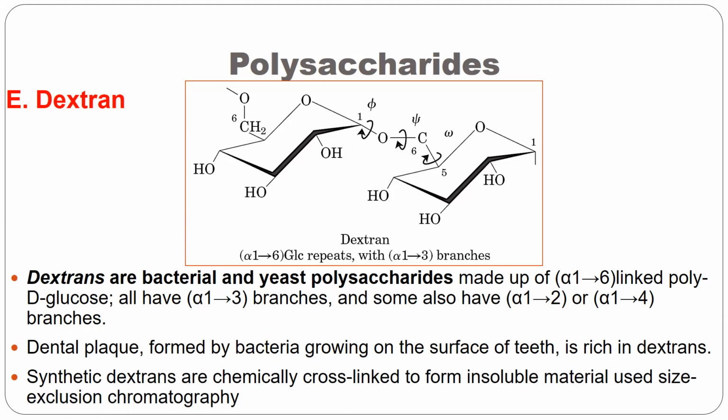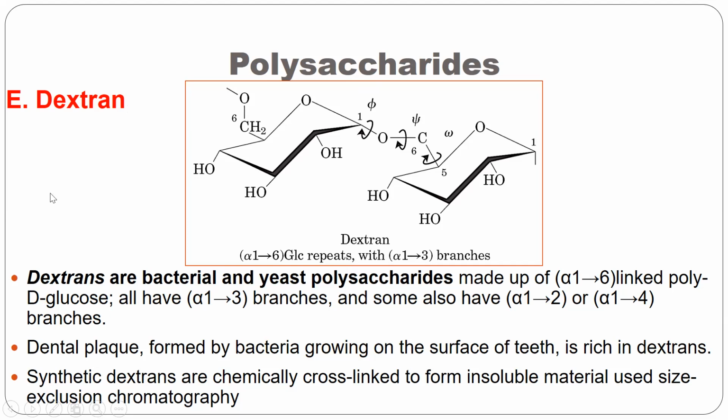With alpha-1,6 glycosidic bonds and alpha-1,4, so carbon 2, 3, 4, it can branch. So it is very specific to dextran.